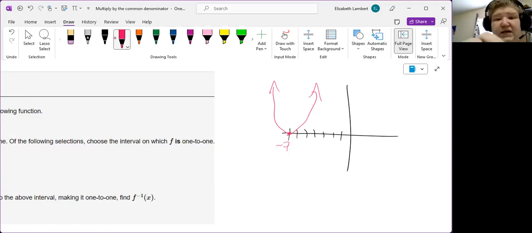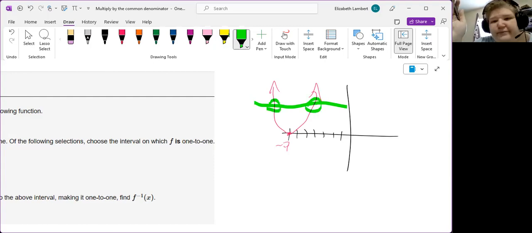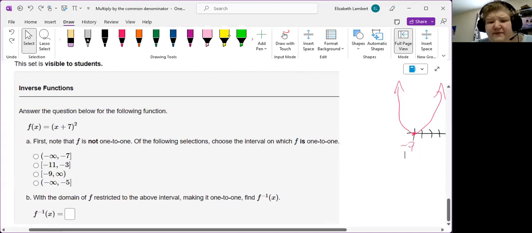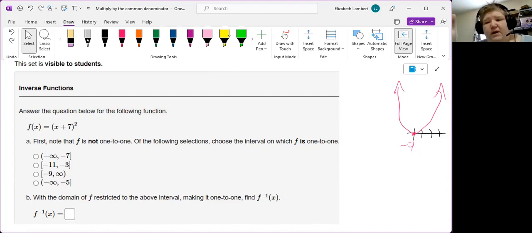So horizontal line test. Yeah, nope. I got 2 points if I cross it, so it is definitely not 1-to-1. So first, note that f is not 1-to-1. Of the following set selections, choose the interval on which f is 1-to-1.